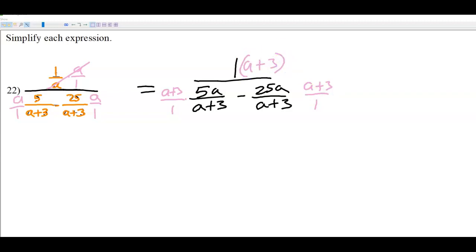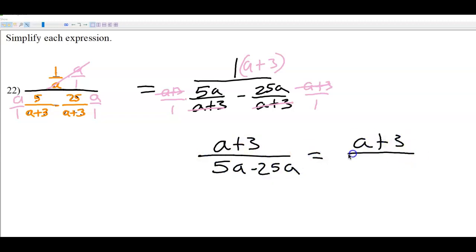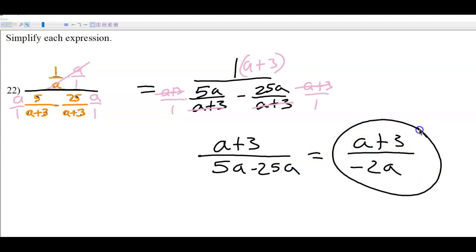I'm not going to write the top one as over 1 because it's not a fraction up there. Now in this case, these will cancel, and now I'm left with A plus 3 on the top, right? And on the bottom we have 5A minus 25A, which simplifies into negative 20A.